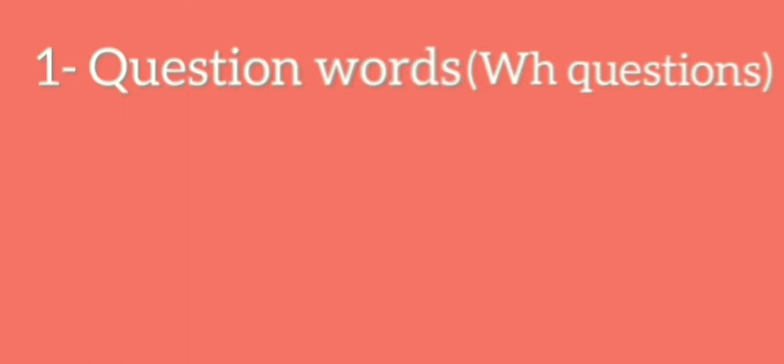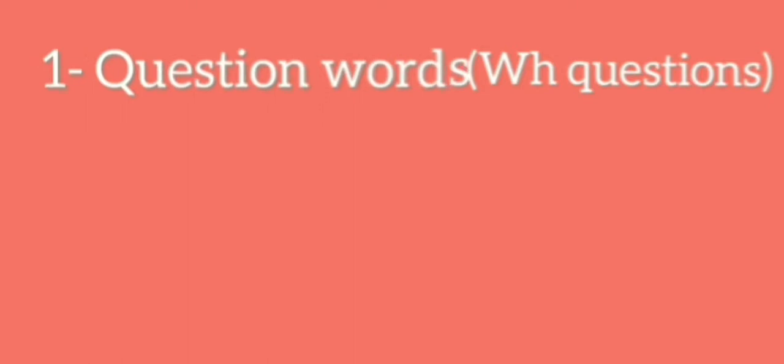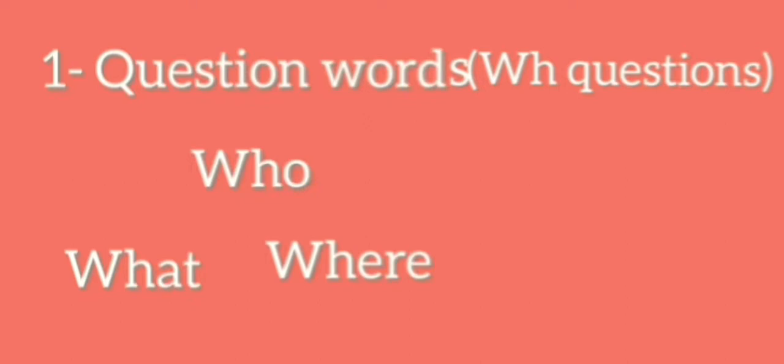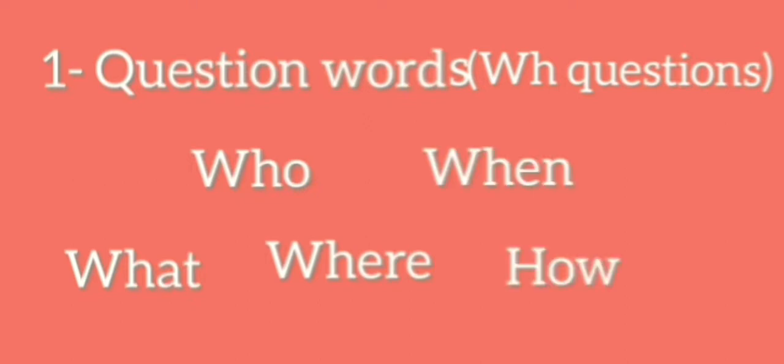Also, we can call them WH questions, which are who, what, where, when, how, and why. And please, for more detail about WH questions, don't forget to check my previous video where I explain WH questions.